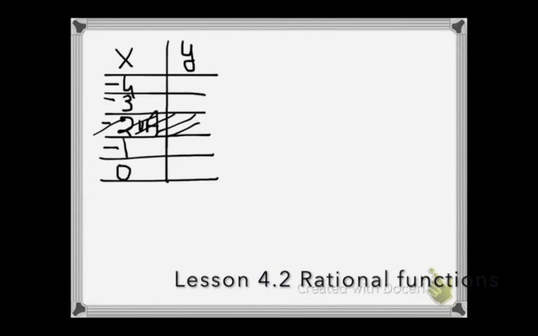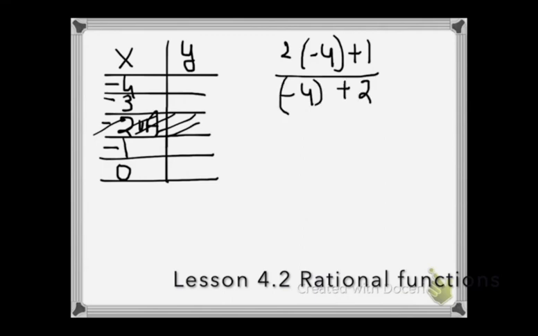Now to get the y column, I plug minus 4 in the given function, which is 2 minus 4 plus 1 divided by minus 4 plus 2. So the final answer, I guess, is divided by minus 2, which is 7 over 2.